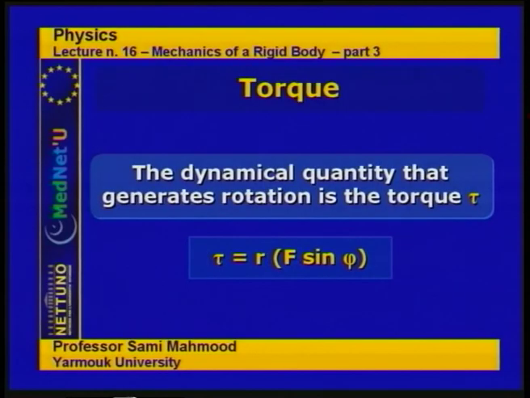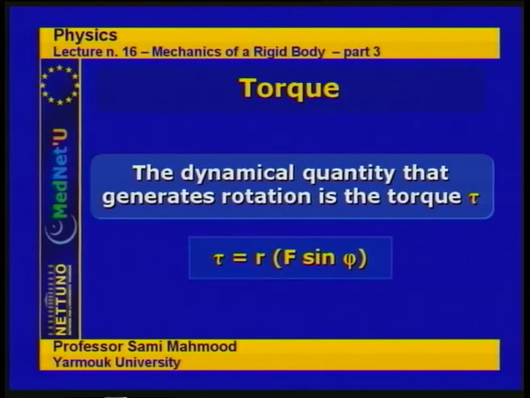And from simple experimentation, we realize that the torque or the rotational effect is given by the distance r between the point of pivot or the axis of rotation and the line of action of the force.